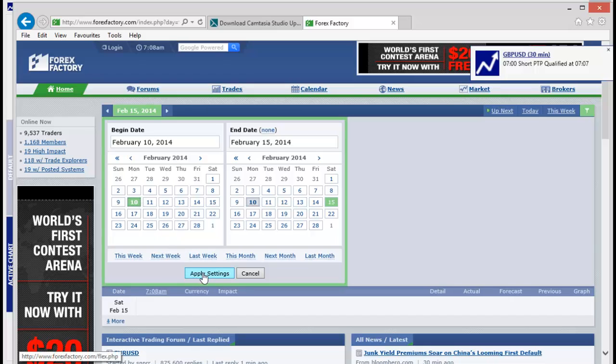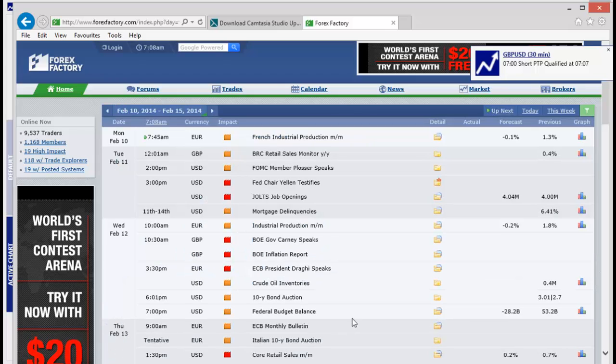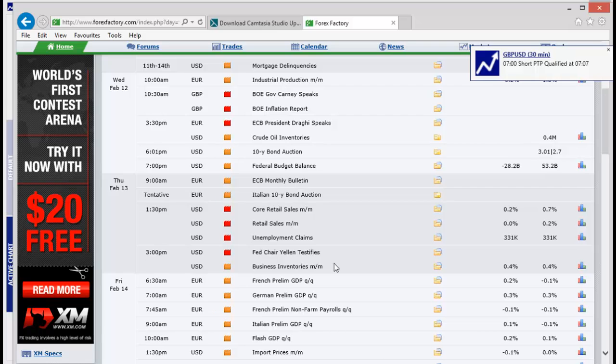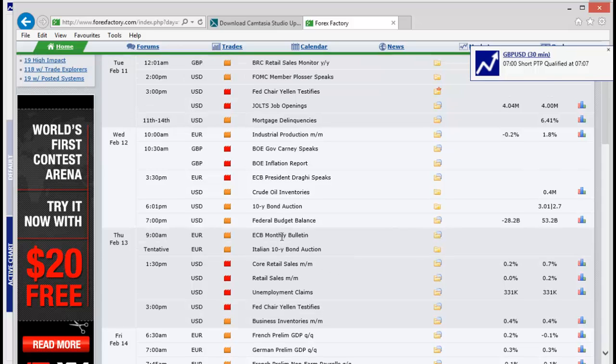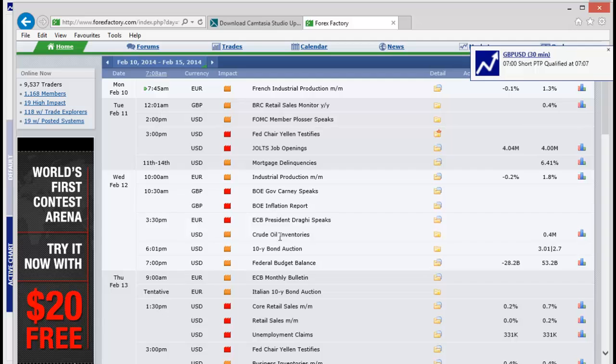So let me just see how we get back there. There we go. So for the whole week, there's not really an awful lot of news to move the markets, apart from the central bankers speaking this week. We've got Yellen tomorrow, just to recap, and then Carney there. So that's about it.